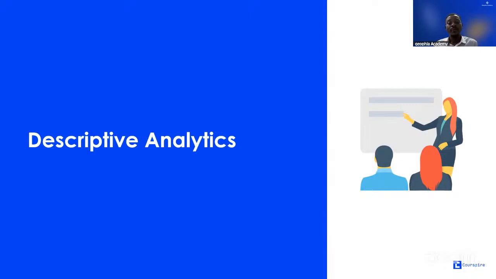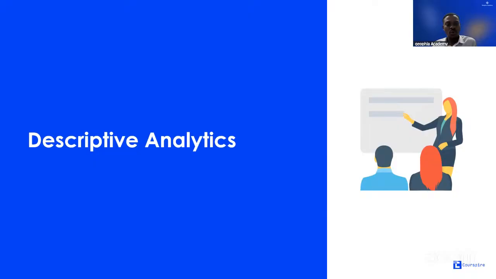Here's a quick example. Monthly sales report showing revenue. How do we do this kind of analytics? So first of all, you gather all the sales records from the past. That is why we said historical data. You gather all the sales records from the past to show revenue trends. For example, your website traffic reports indicating the number of visitors over time help you to know most of the people who visit my website are from China.